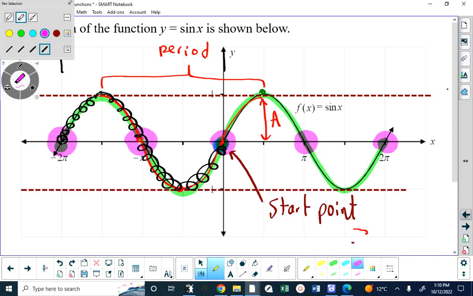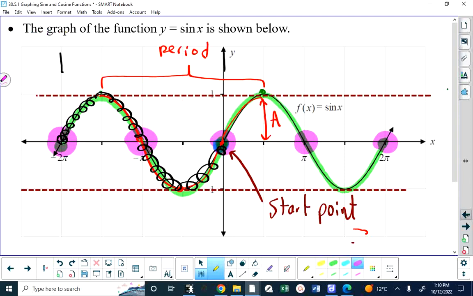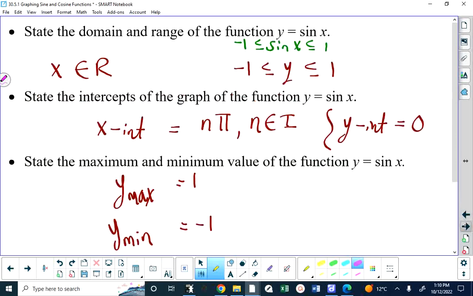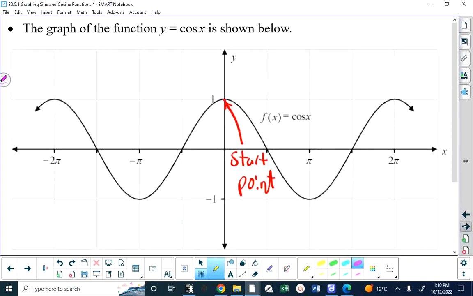But since on the graph of sine, the first intercept was nothing, we could just say all the intercepts are multiples of pi. We can't do that here because the first x-intercept is not at 0, it's at pi over 2. And then they are all separated by pi. So for me to describe the x-intercepts, I'm going to say, well, it's pi over 2 plus multiples of pi.